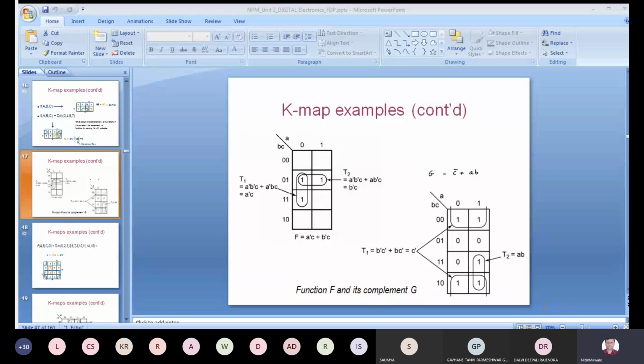So the answer is P plus Q plus R plus S in bracket.